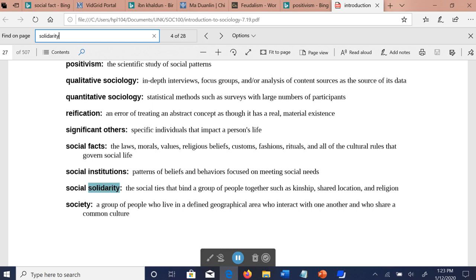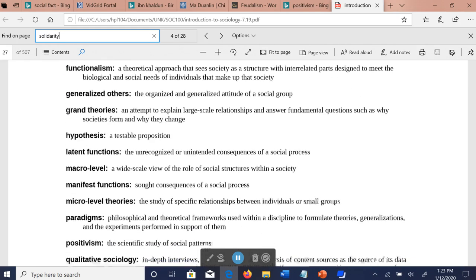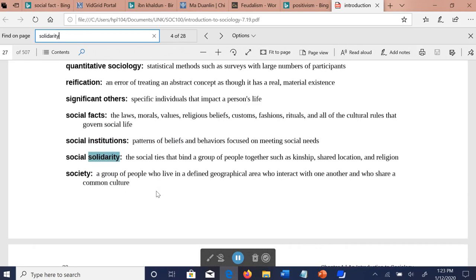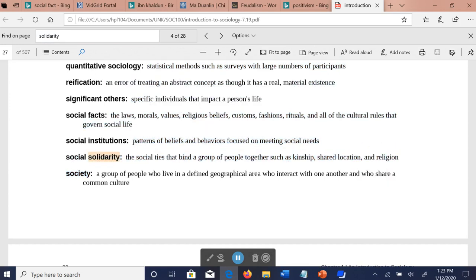And this is a definition of solidarity given by your book. So, in your midterm and final, your definition comes directly from the book, word by word, verbatim. So, make sure you can download your textbooks and make sure you read your textbooks diligently if you want to do well in your midterm and final. Are we clear?